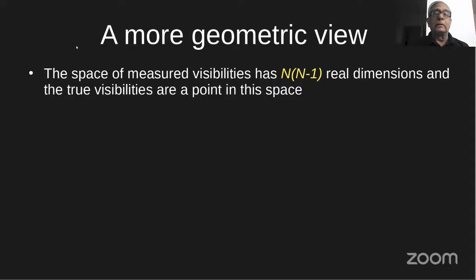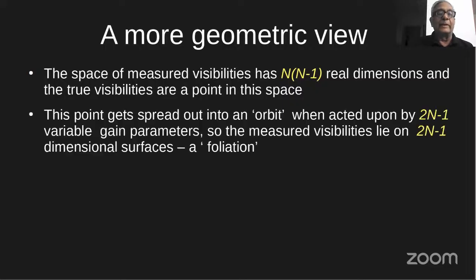So think of measured visibilities as a point in 870-dimensional space. That's n into n-1. The true visibility also lives there. And if you ask, what are all the possible measured visibilities which can come from this true visibility? Because you don't know the gains, so let's say you just apply all possible values of the gains. Then this will spread out into 2n-1 dimensions. So 59 dimensions in our example.